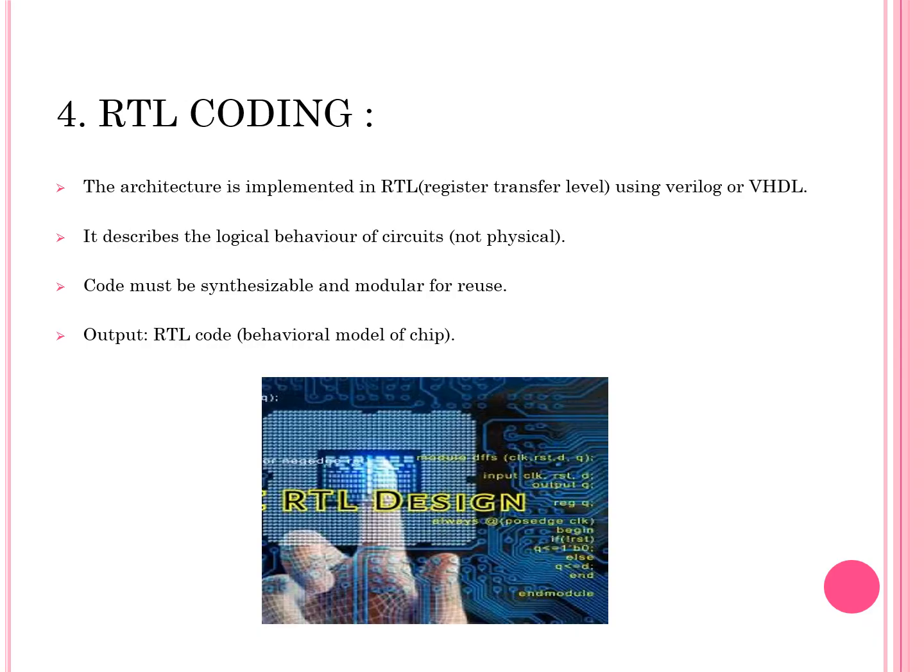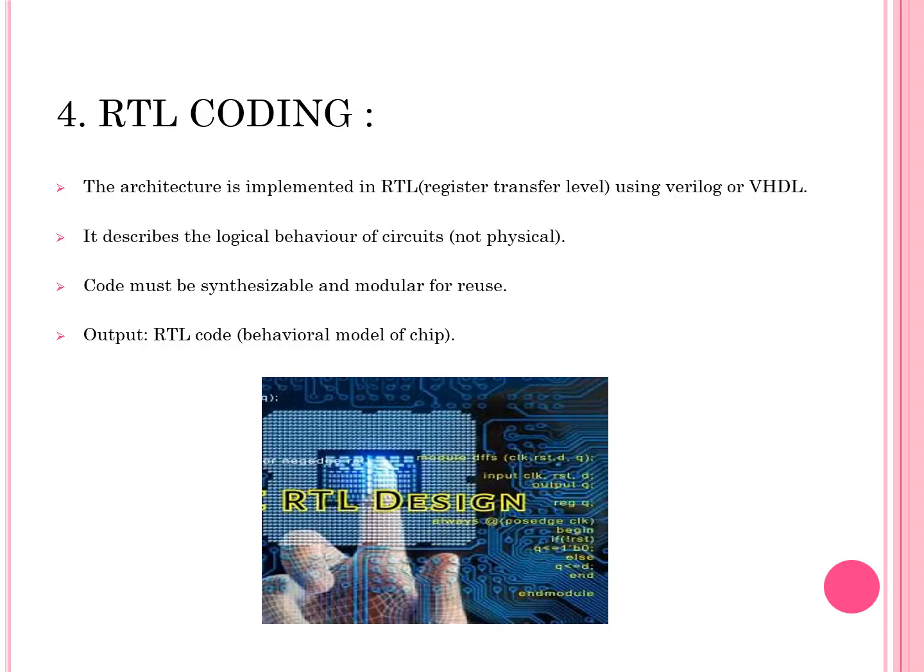Once the architecture is finalized, the next step is RTL coding, that is register transfer level design. In this stage, the architecture is implemented using hardware description languages such as Verilog or VHDL. RTL coding describes the logical behavior of the digital circuit, meaning how data moves between registers and how the logic operations occur, rather than its physical layout.